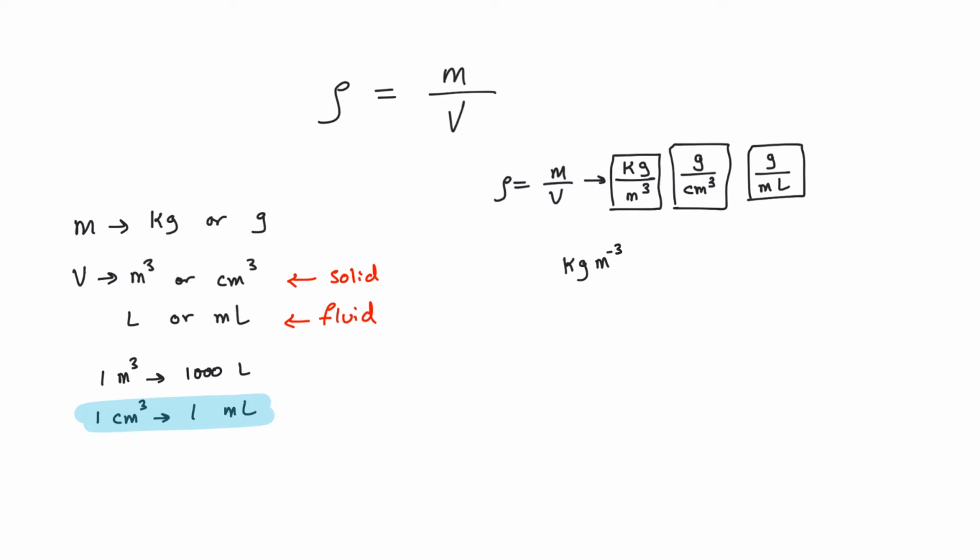Meters is the only thing that we're bringing up. For the other one, it is gram centimeters to the negative 3. And for the other one, gram doesn't change. It's on the numerator, but milliliter comes up with the exponent negative 1. So these are another method of showing the exact same units.